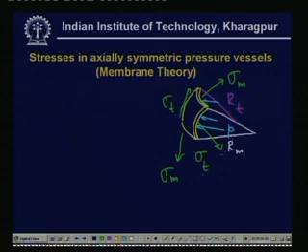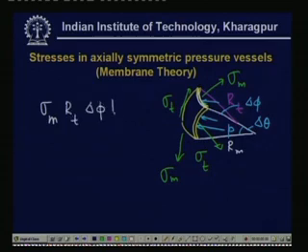If you consider this length to be delta theta and that delta phi, then the total force on it will be sigma m times this area of cross section, which is equal to R t times delta phi times T. So, this is the area of cross section, and of course, this is now curved.